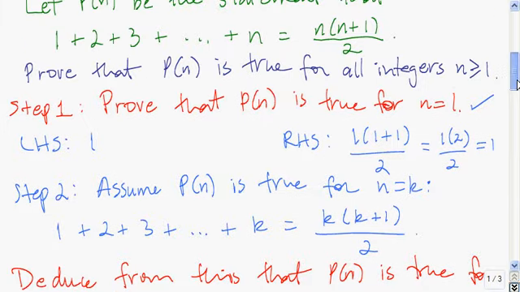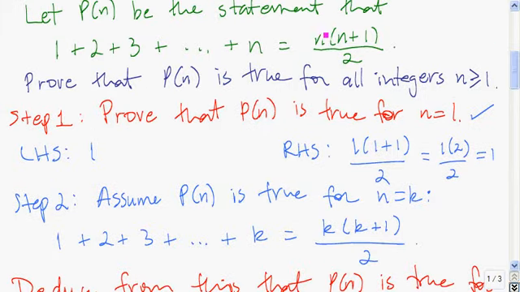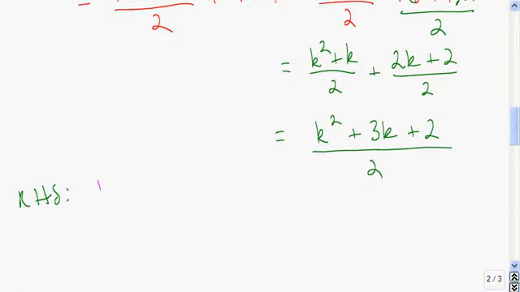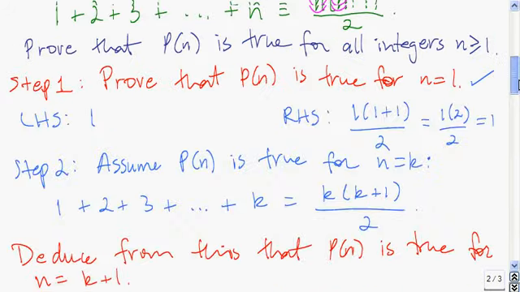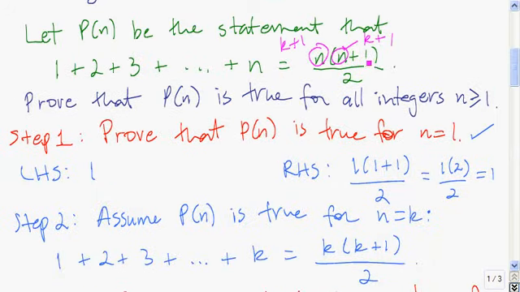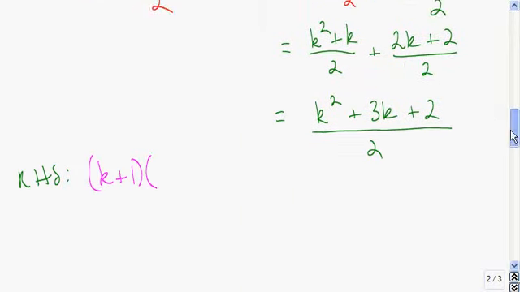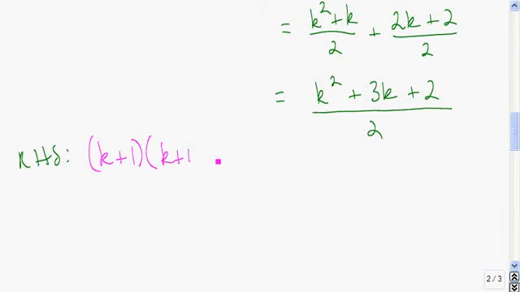Now we need to look at the right-hand side, when n is equal to k plus 1. So we go to each n and replace it with k plus 1. So on the right-hand side, we have k plus 1 times k plus 1 plus 1, all over 2.